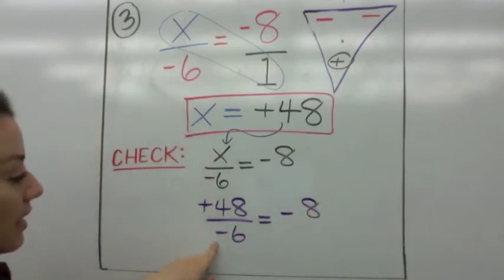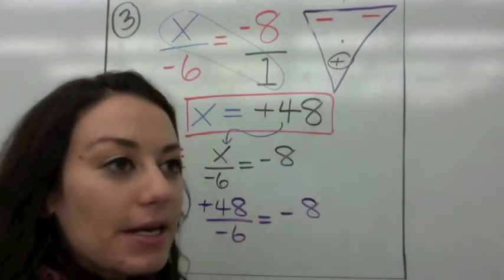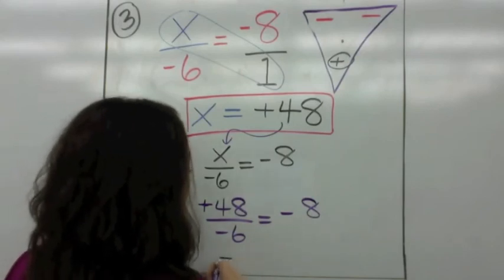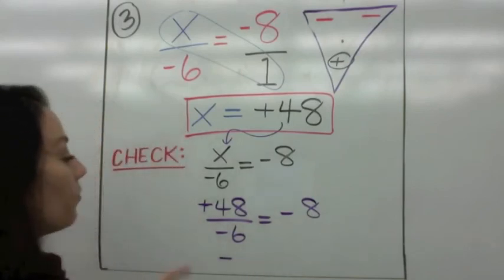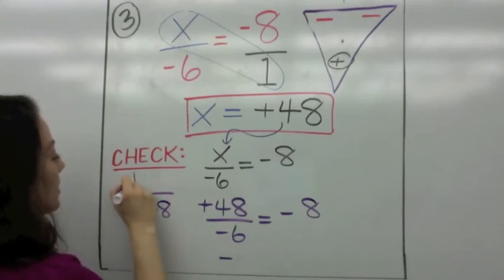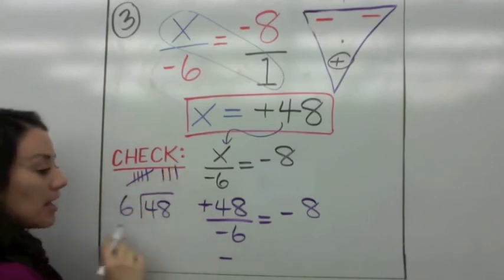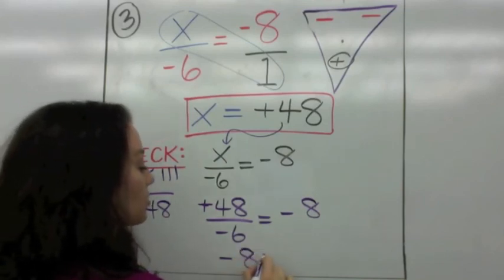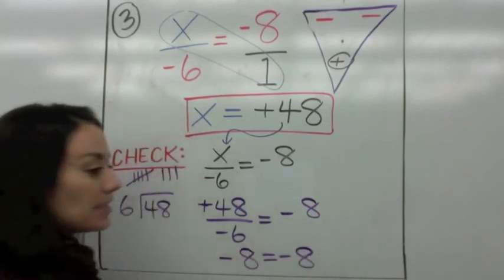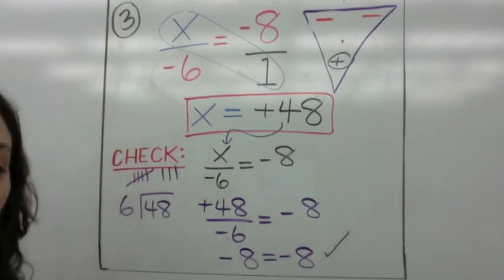A positive divided by a negative is negative. And 48 divided by 6: 6, 12, 18, 24, 30, 36, 42, 48. How many tallies do I have? I have 8. So in fact, negative 8 does equal negative 8. We know we solved this equation correctly. Go ahead and get that down.